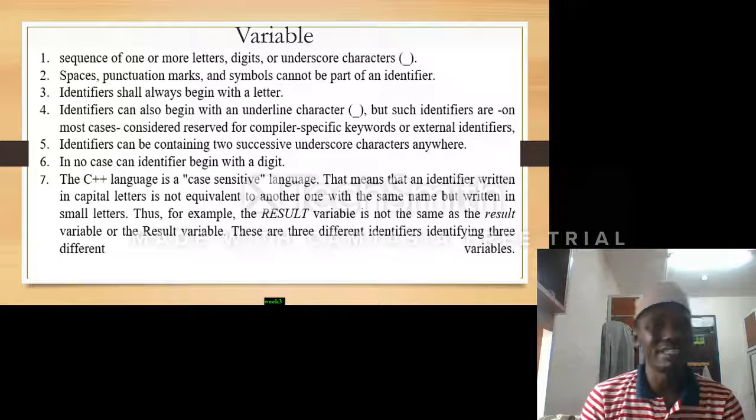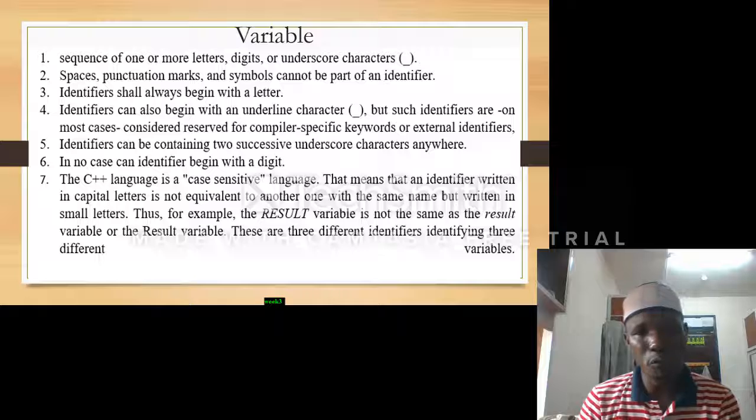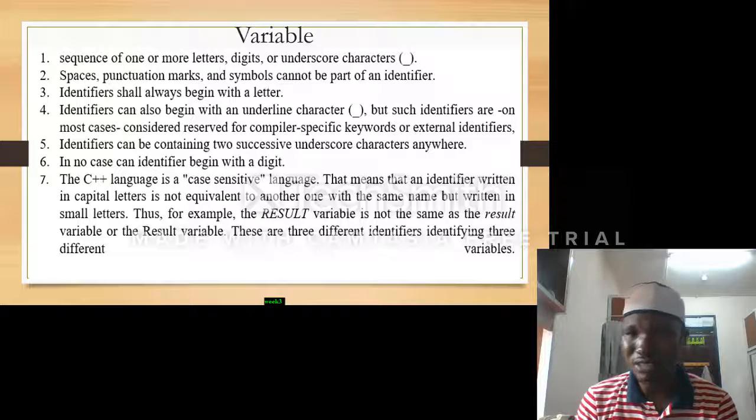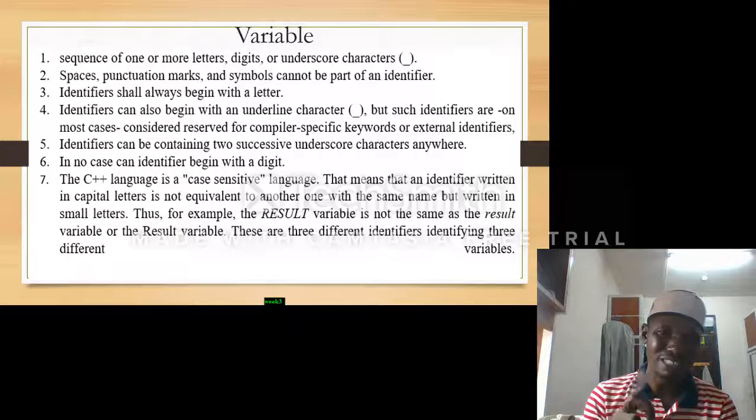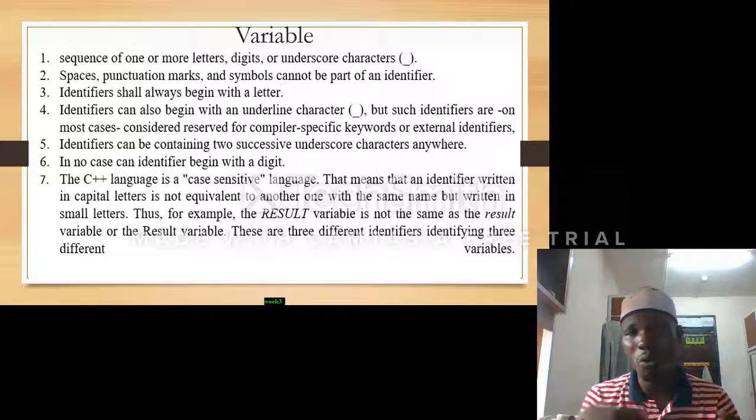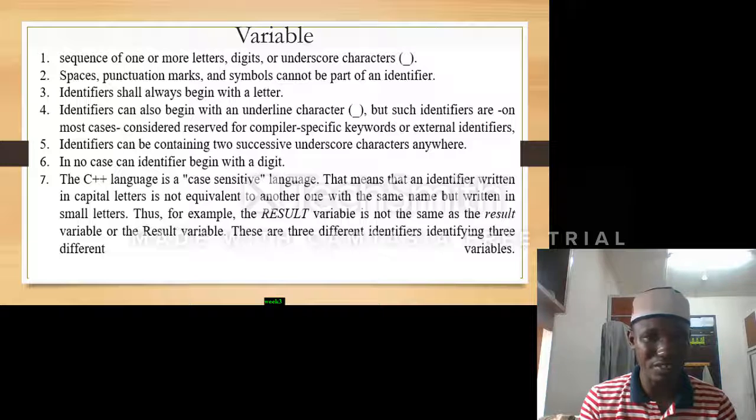A variable must contain a sequence of one or more letters, digits, or underscore characters. Just a single letter is okay, maybe an A, or it can be more than a letter. That's as it's indicated here, one or more letters. What do you mean by letters? A to Z, either in uppercase or lowercase, and it may have some digits, 0 to 9, and it may have an underscore character.